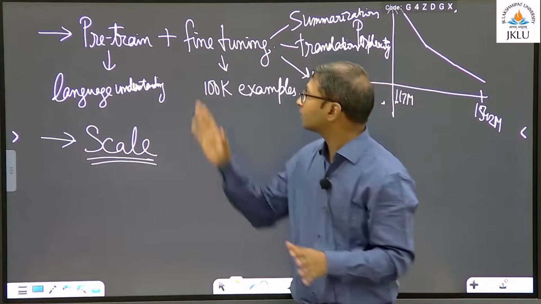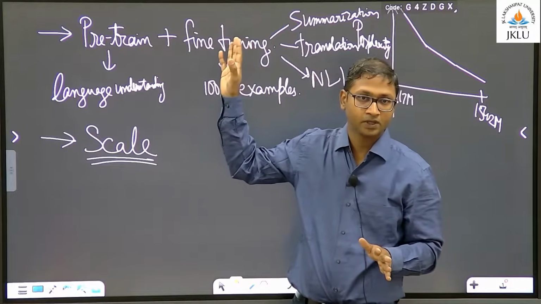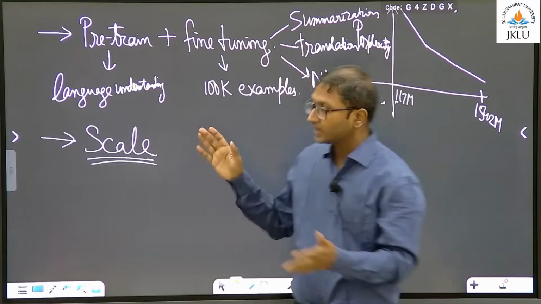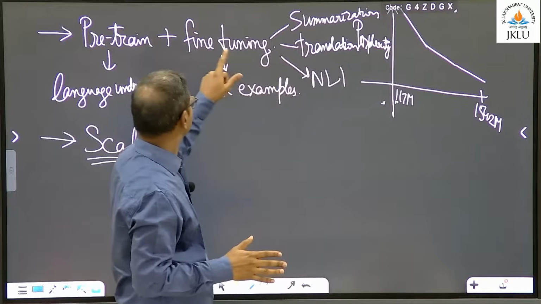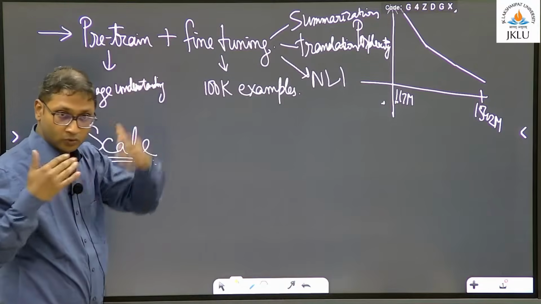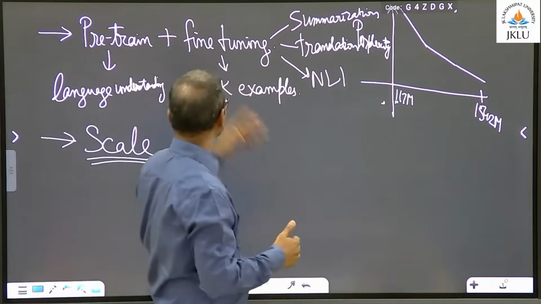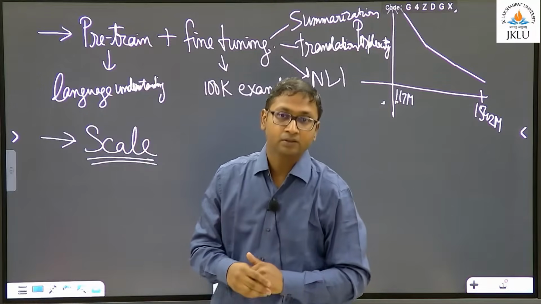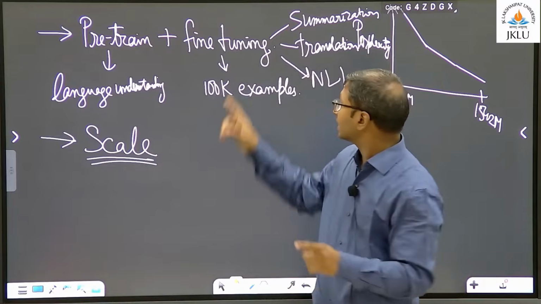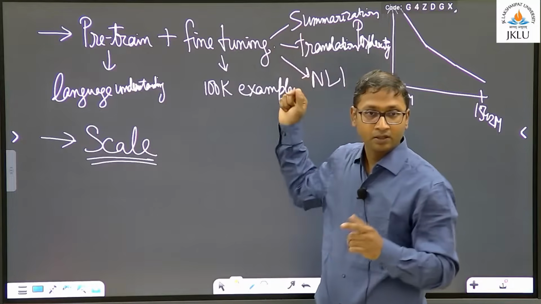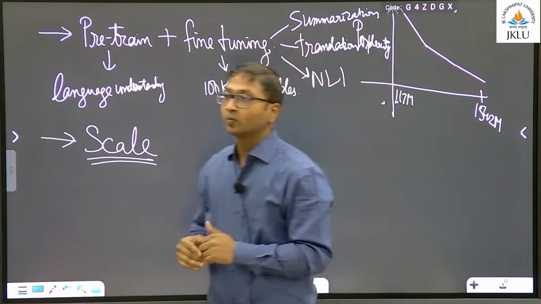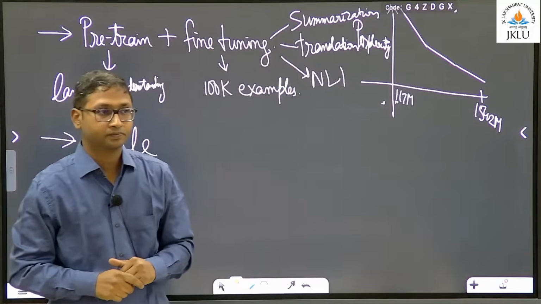The same analogy is given here: once a model has learnt good weights through training on, let's say, language modeling, it can do all these downstream tasks in a much more efficient manner.